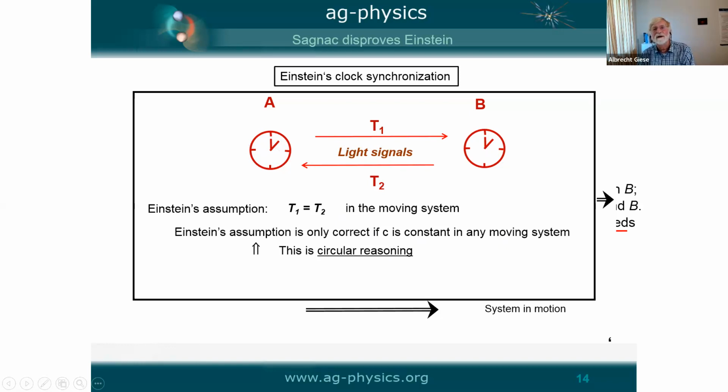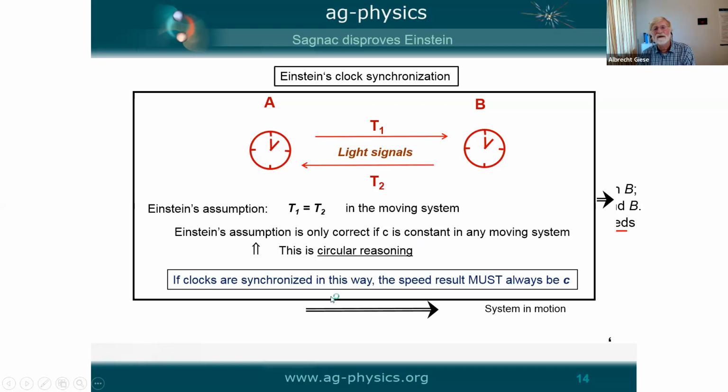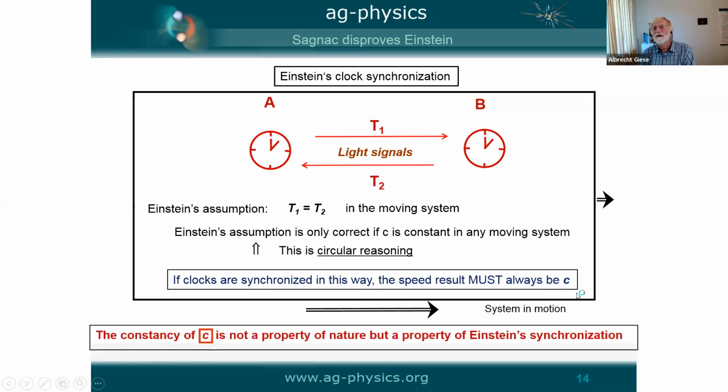It's circular reasoning. So if clocks are synchronized in this way, the speed result must always be the speed of light, the nominal. The conclusion is that the constancy of c is not a property of nature, but a property of Einstein synchronization. I hope this is understandable. This is the essential result of this view on the Sagnac experiment.